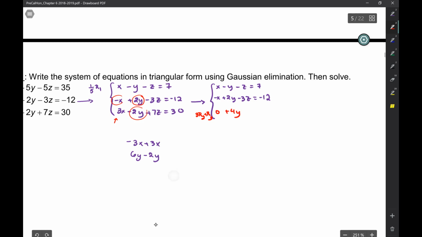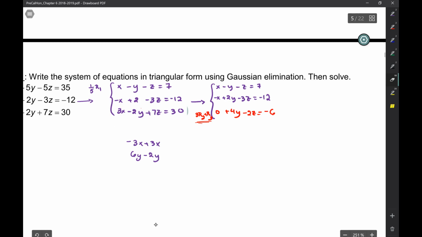Right? So now, 3 times this is how much? Negative 9z plus 7z, negative 2z. 3 times this is negative 36 plus 30, negative 6. So basically, whatever you've written here, you have to do that operation for each of these elements. Now, okay, one down.